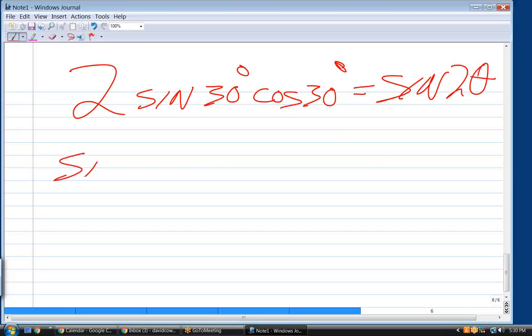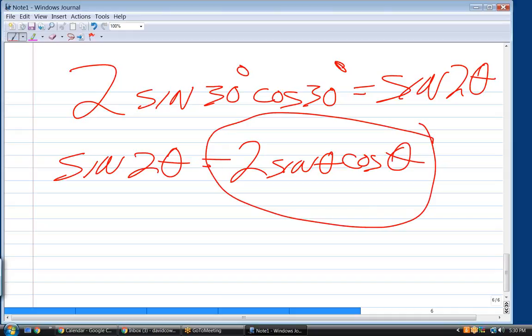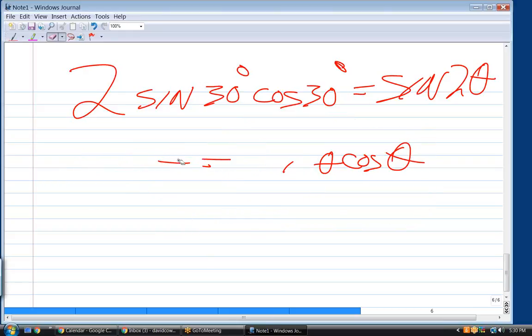Remember, the sine of 2 theta is 2 sine theta cosine theta. So if I give you that part first, then it's relatively easy to go to there, and we know what the sine of 60 degrees is. It's root 3 over 2.